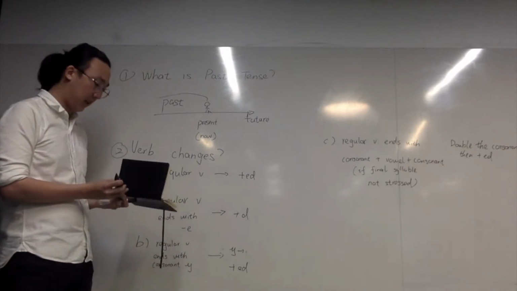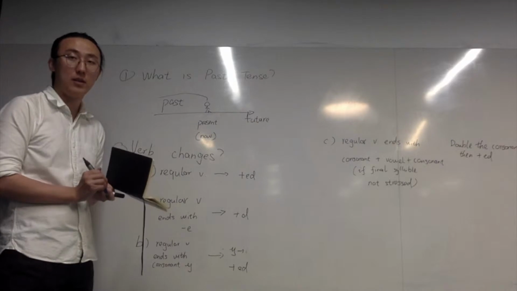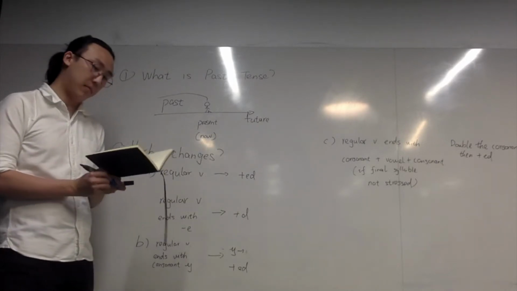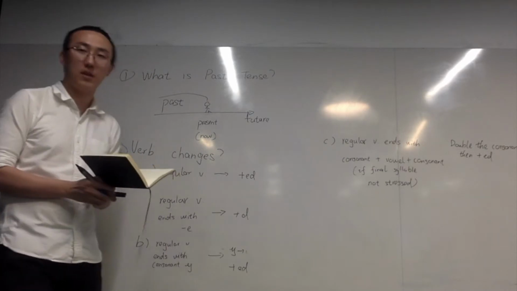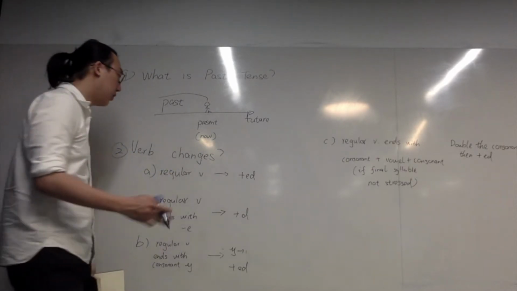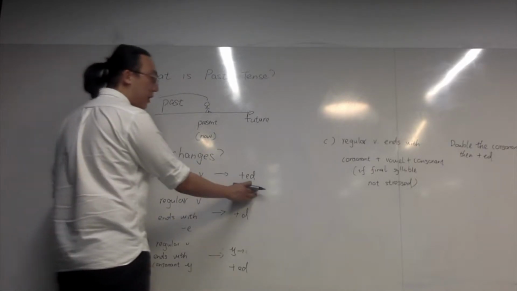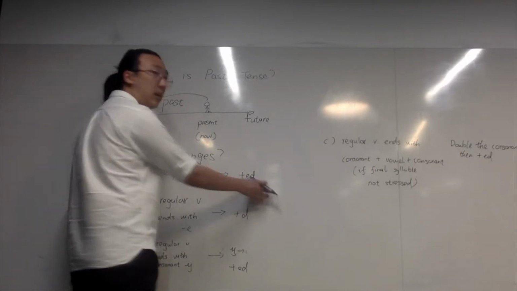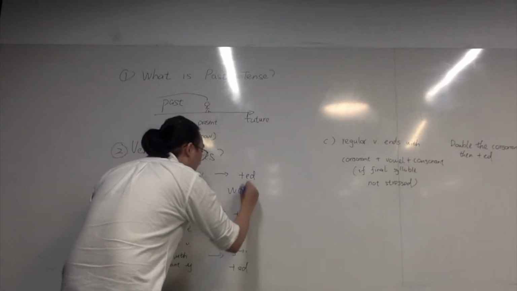First, if you have a regular verb, or we say the normal verb, like walk, like I walk to school. If you want to change it to past tense, you need to simply add ed after the verb. For example, walk.